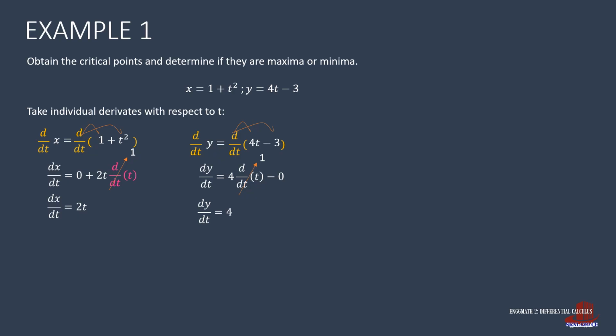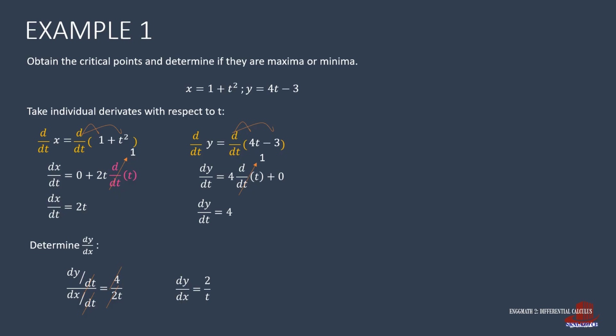With individual derivatives identified, determine the ratio of dy with dx. That is, by dividing dy over dt with dx over dt, where both dt's cancel out, and also 4 and 2 are reduced, giving dy over dx as 2 over t.